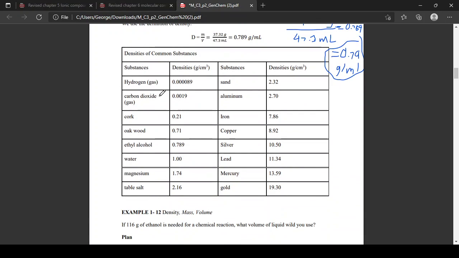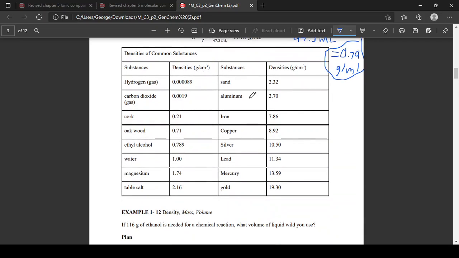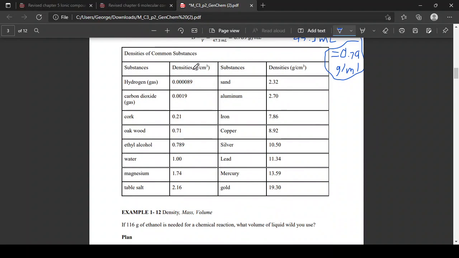And here, we have the densities of common substances in a table, in which you can just get your densities in grams per centimeter cube. First, you have your hydrogen, which has 0.0000089 grams per centimeter cube.